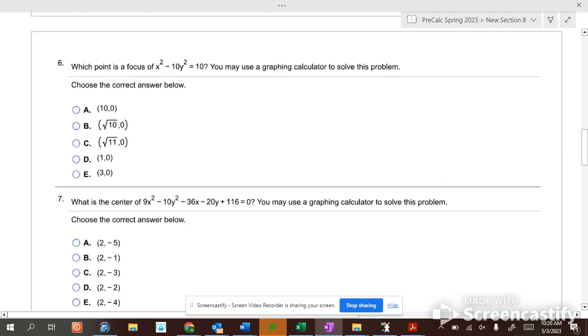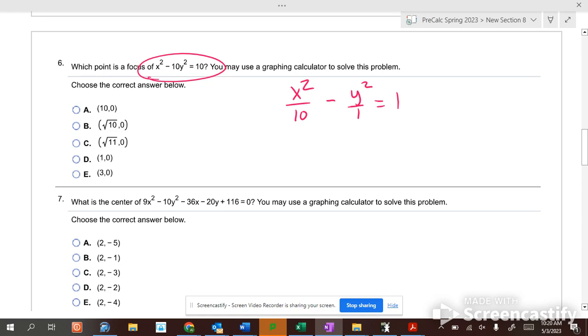For this one, if you see an equation like this, what should you do? Make sure it equals 1. So it's x squared over 10 minus y squared over 1 equals 1. Okay, get it equal to that right away. Okay, what's the focus?